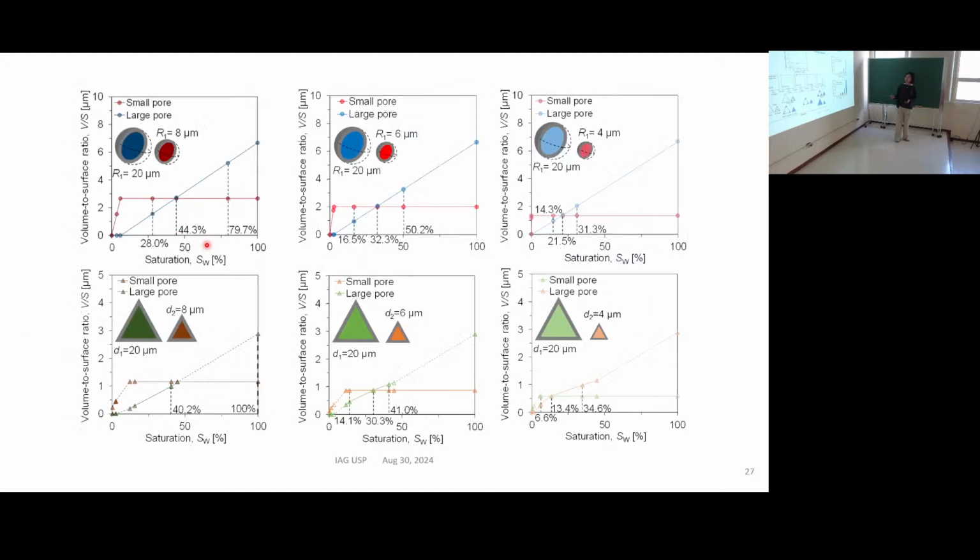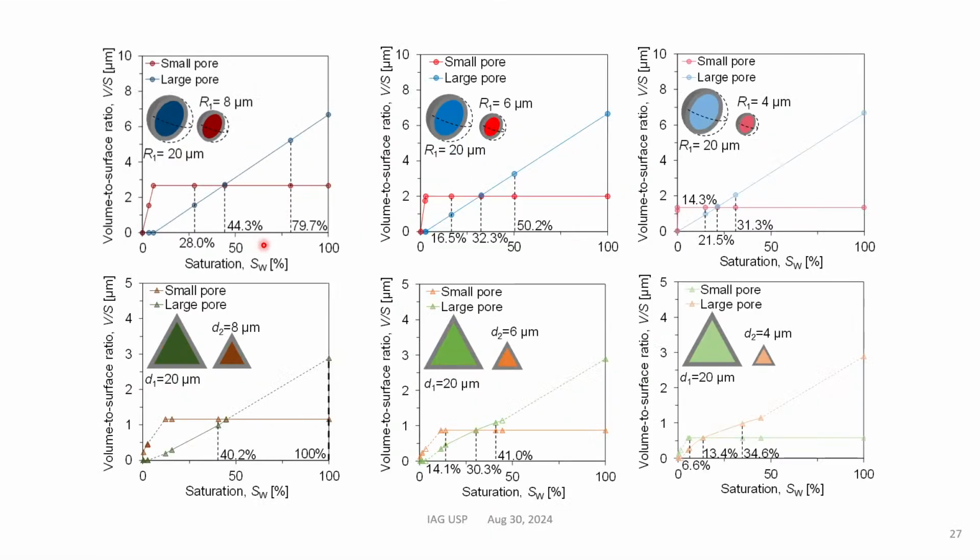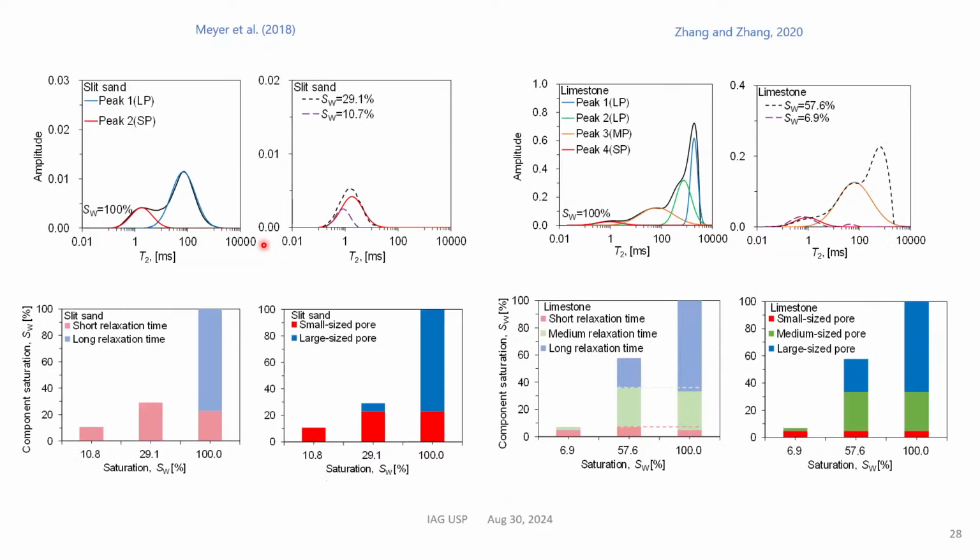So this is the work we've been doing, and this is some detailed simulation of how we simulated different scenarios, different combinations of pores and different shapes, trying to understand how this contributes to different NMR signals. So this is how we establish this new interpretation framework, and to correct some of the existing literature's results.